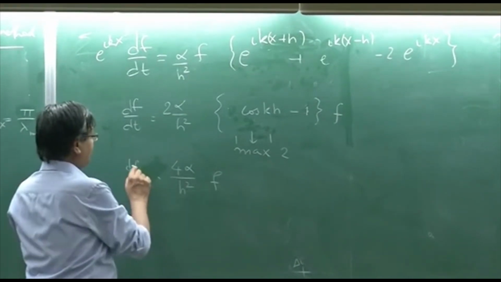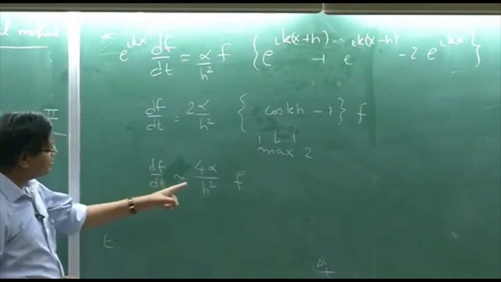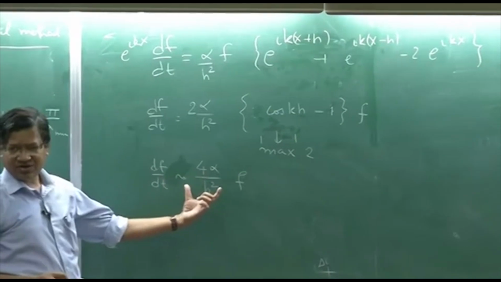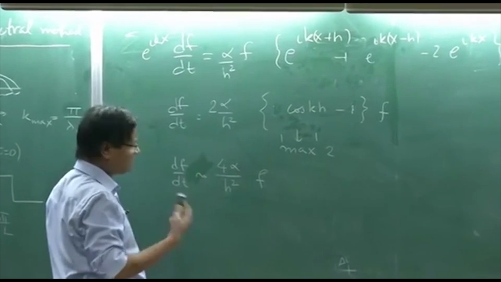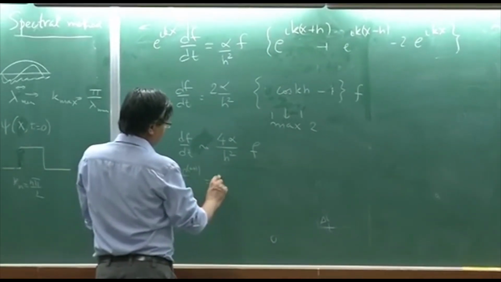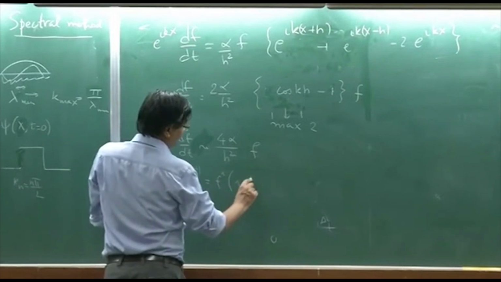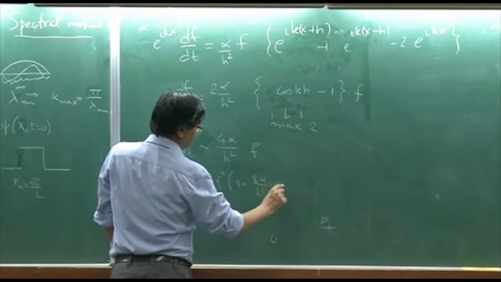So d by dt of this one. This will tell you that Euler explicit, Euler is always first order, but Euler explicit will be f n plus 1 equal to f n times 1 minus 4 alpha.